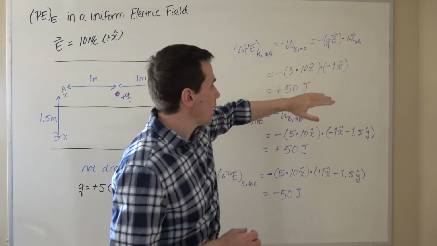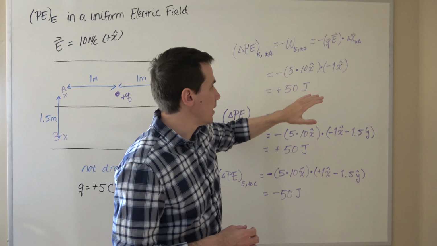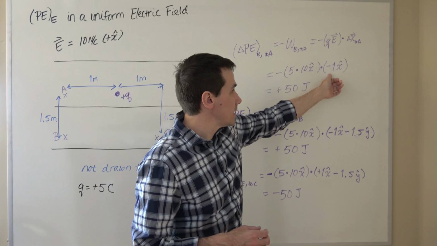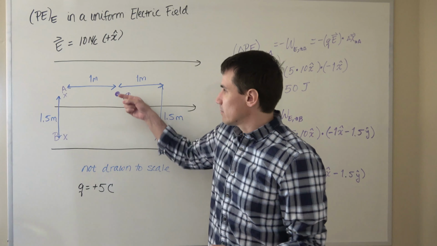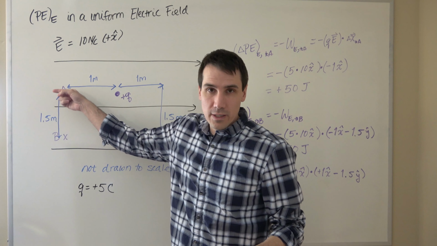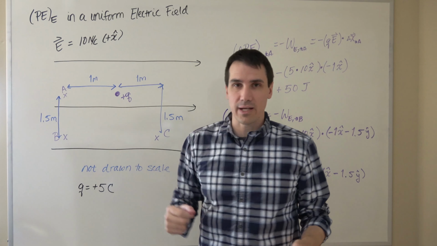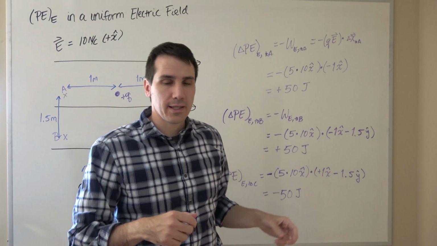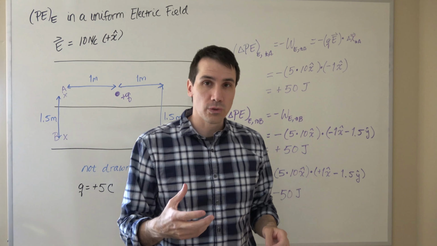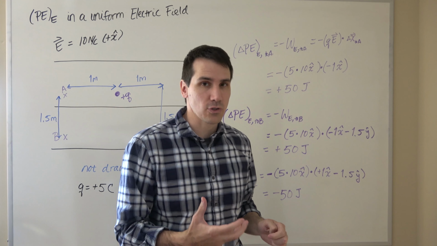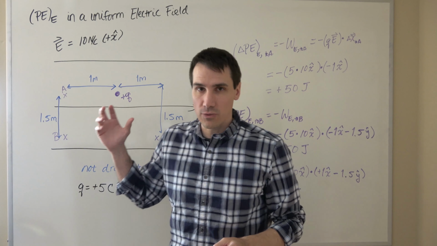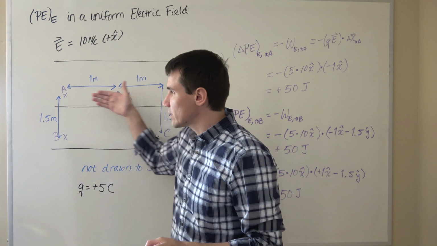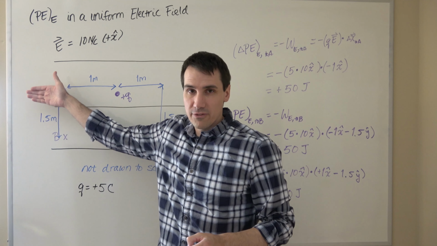Using our familiar equation here and plugging in our values for the electric field, the displacement is -1 meter x hat because I move 1 meter to the left here in the negative x hat direction. The 2 minus signs cancel out and I get a total of 50 joules of positive potential energy. So the potential energy of the particle increases as it moves to the left here.